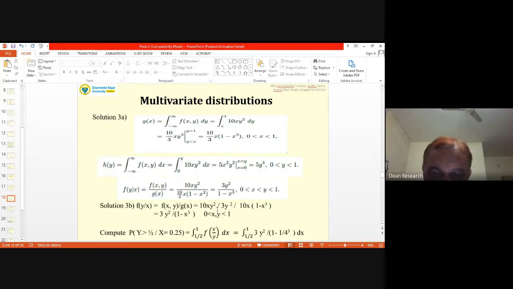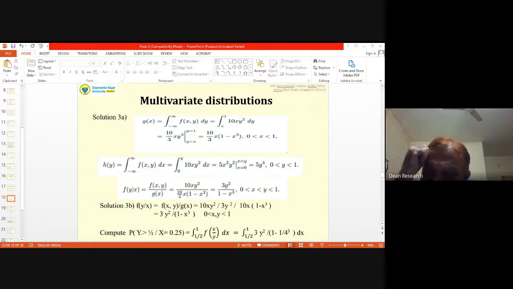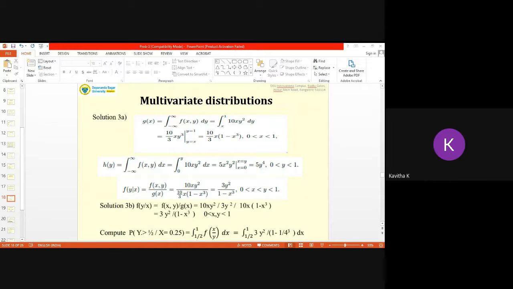Somebody did that substitution for me? You substitute f of x given y and then integrate. What is the value that you get? Kavita, could you do that? With respect to x, we have to keep 3y square constant as it is. Integration of dx is x.